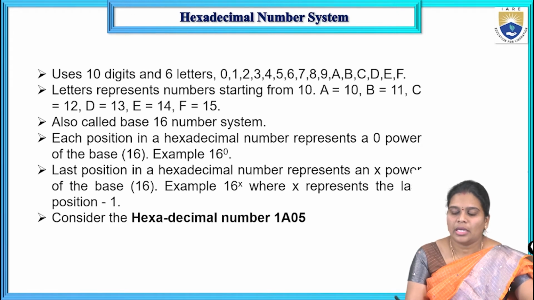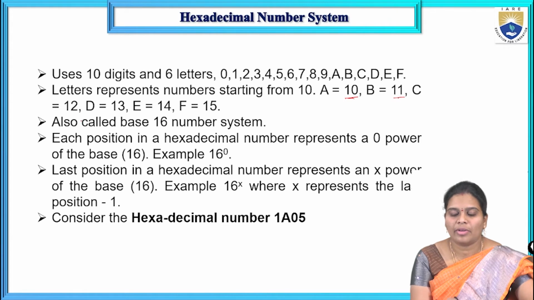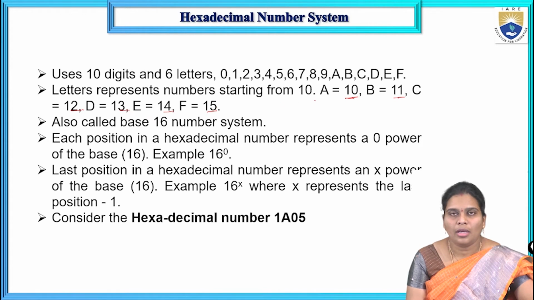That means A is 10, B is 11, C is 12, D is 13, E is 14, F is 15. From 0 to 9 are the number values, and A to F are the characters.